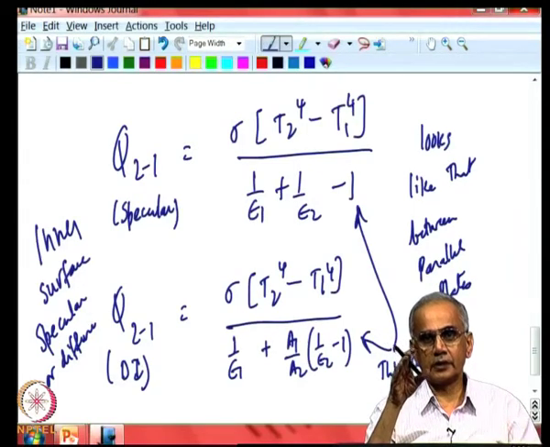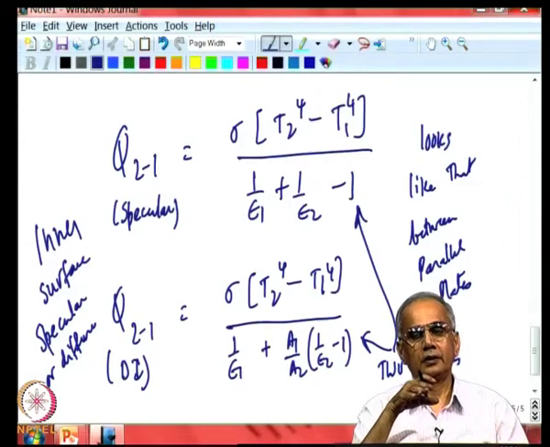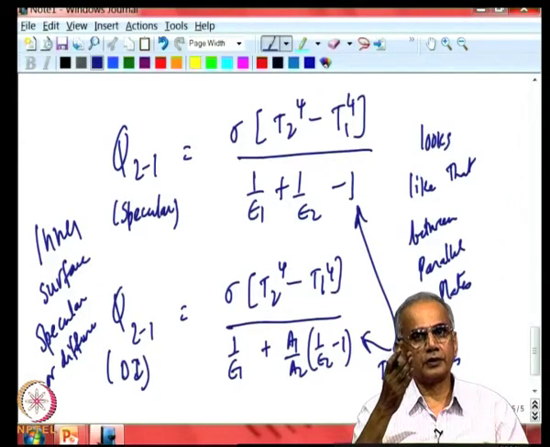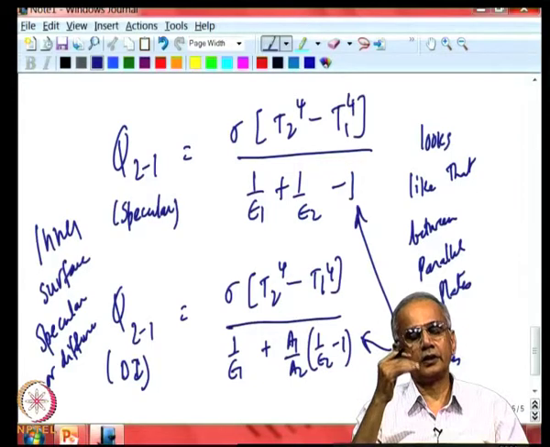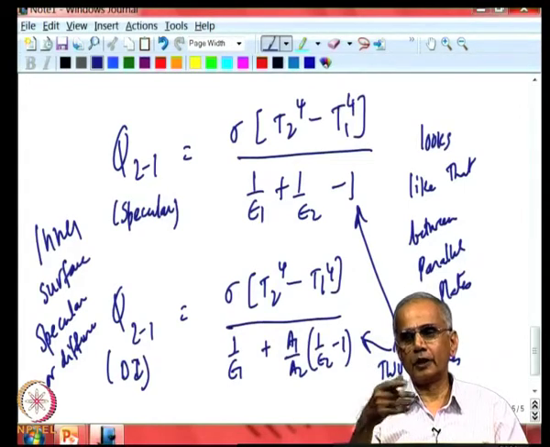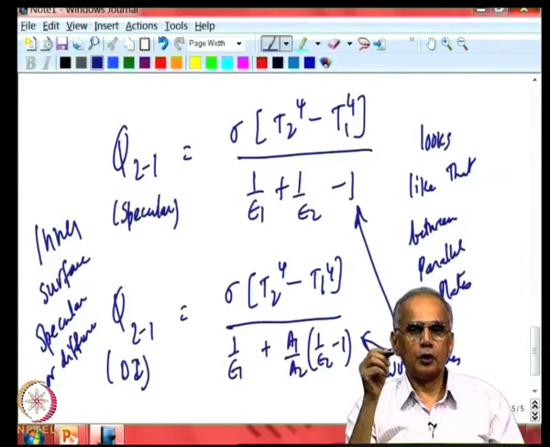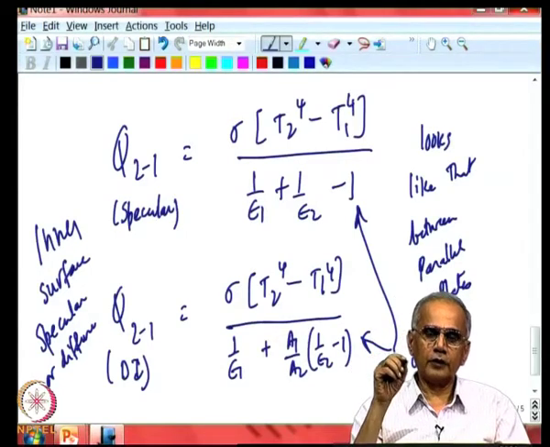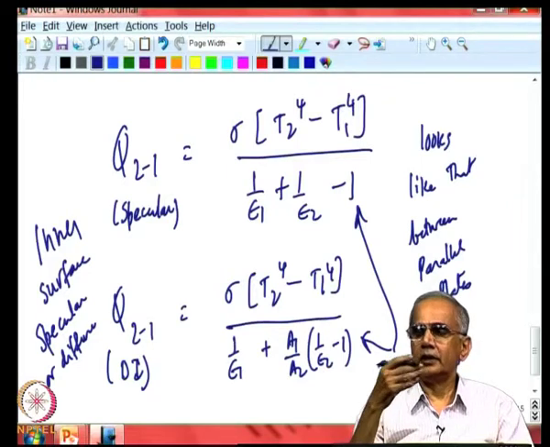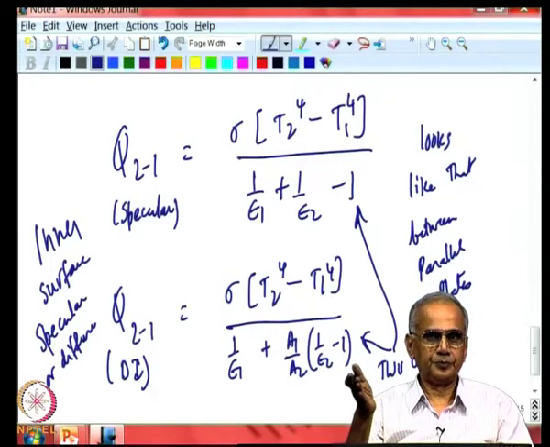whichever radiation strikes the inner surface ultimately has to reach the outer surface, whether the reflection is diffuse or mirror like, does not matter, because it ultimately reaches the outer surface. So, the nature of the reflection in the inner surface is of no consequence to us.